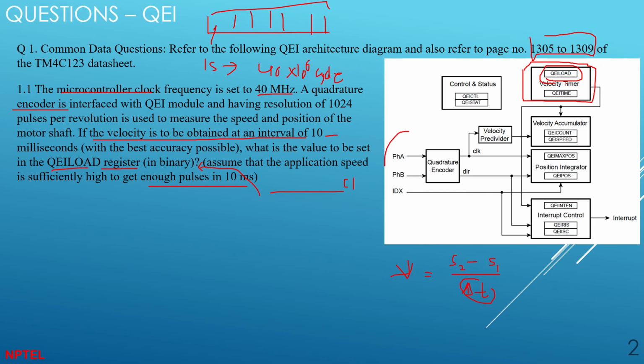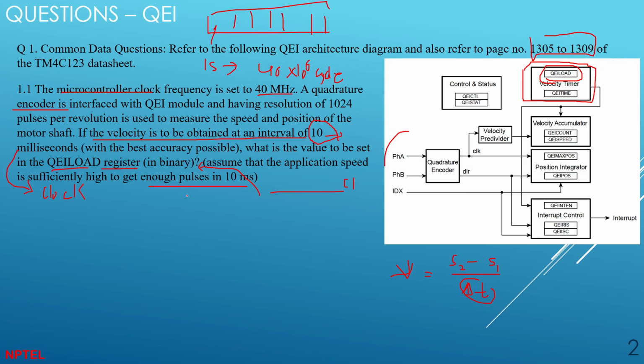In the velocity timer module, it is given that it has to be activated at 10 millisecond. So what we need to do is convert this 10 millisecond into clock cycles.